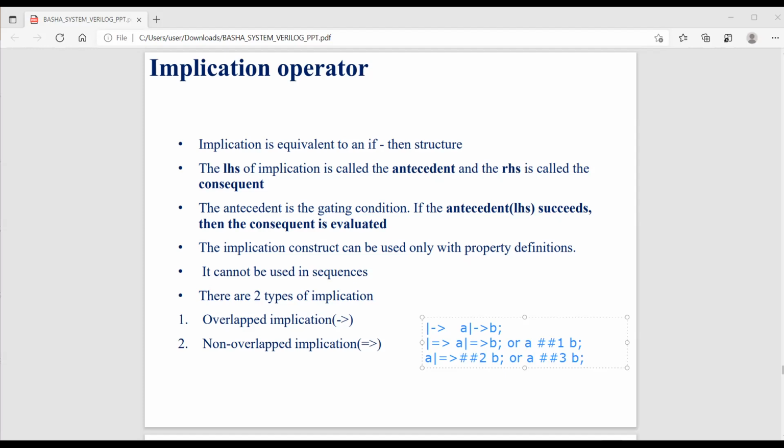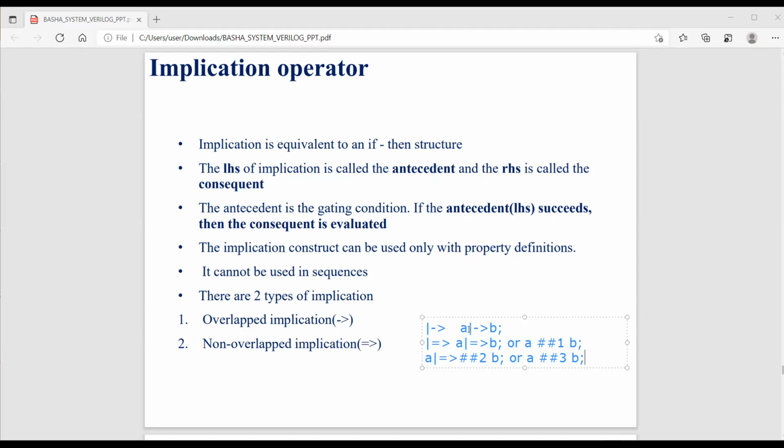Clear? What are overlapped implication and non-overlapped implication? Ma'am, overlapped means A and B both will be high in the same clock cycle.